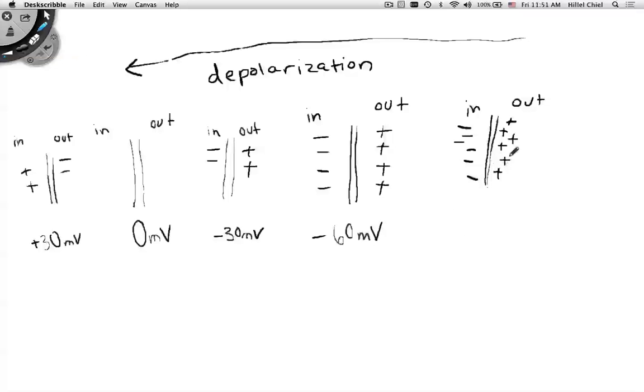There's 1, 2, 3, 4. There's 6 on each side. Good. It's difficult to count that many. Okay, so let's see. If we add negative charges, we're hyperpolarizing. That's right. And this would be what? Maybe negative 90? Yeah.